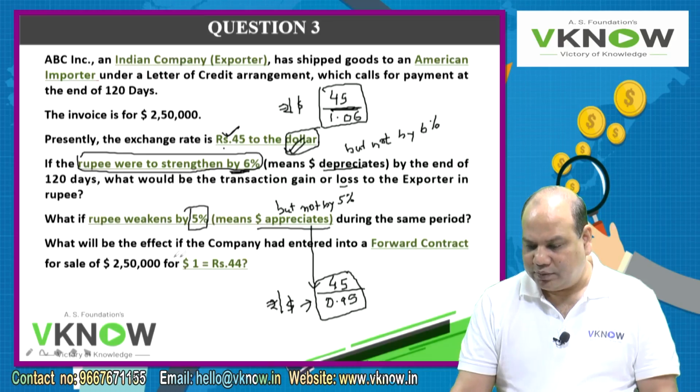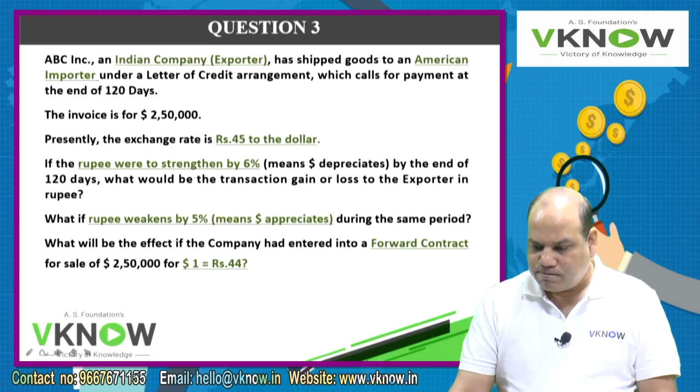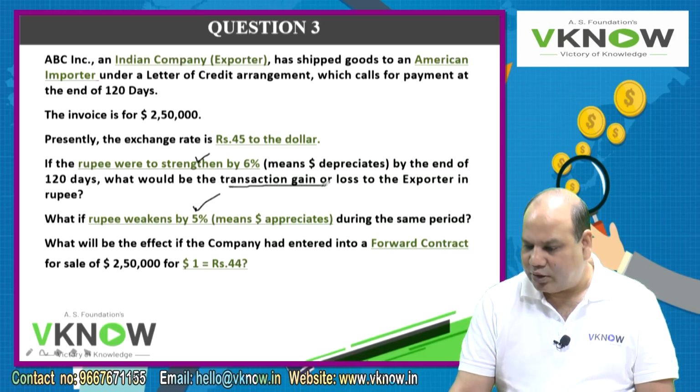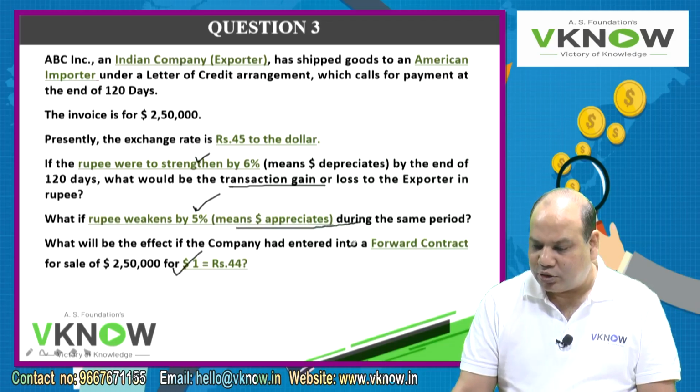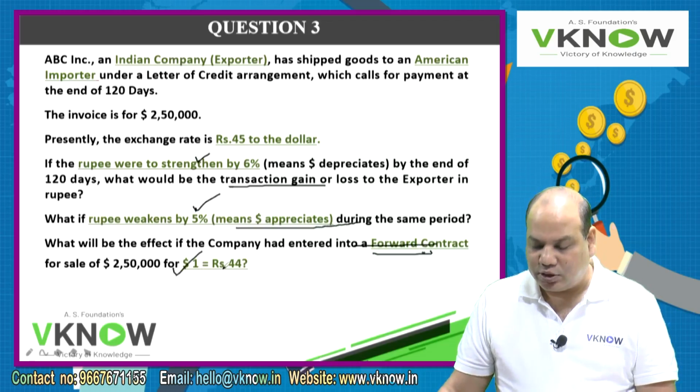What will be the effect if the company had entered into forward contract for sale of $250,000 at 1 equal to 44? So this time we actually have three situations. Rupee strengthens by 6%, rupee weakens by 5%, gain or loss you have to calculate here, and you have to also calculate the gain or loss if the company enters into the forward contract at 44 rupees per dollar.